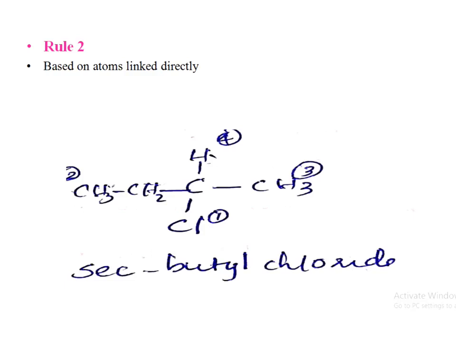In CH3 we see 1 C and 3 H, while in C2H5 we get 2 C and 5 H. Since C has a higher atomic number than H, C2H5 gets higher priority than CH3. So the sequence of priority in this compound will be chlorine first, then C2H5, then CH3, then hydrogen.